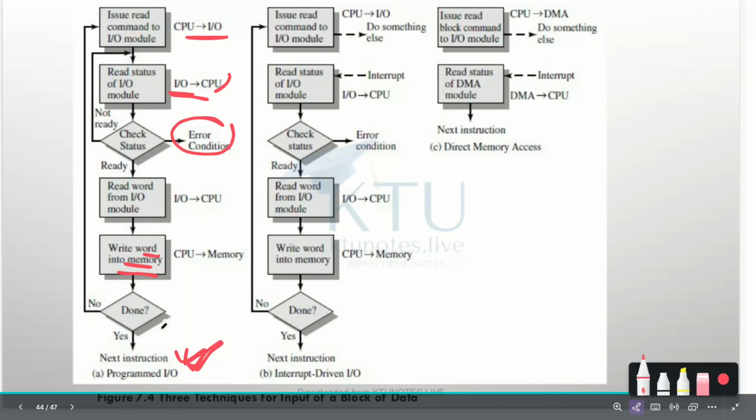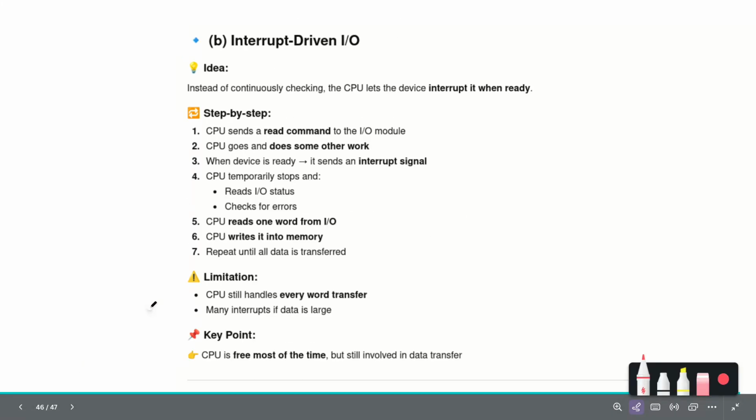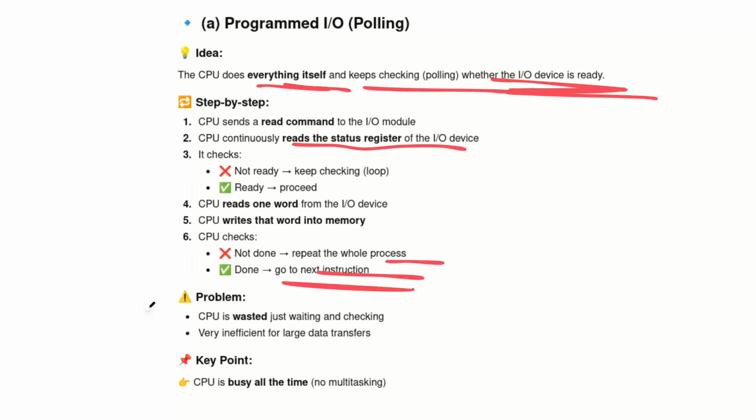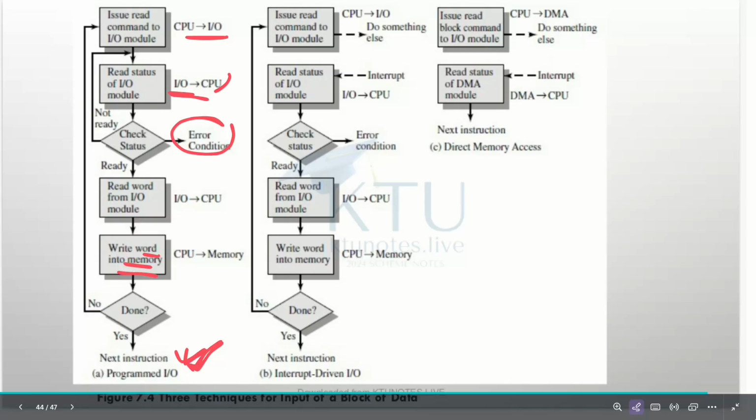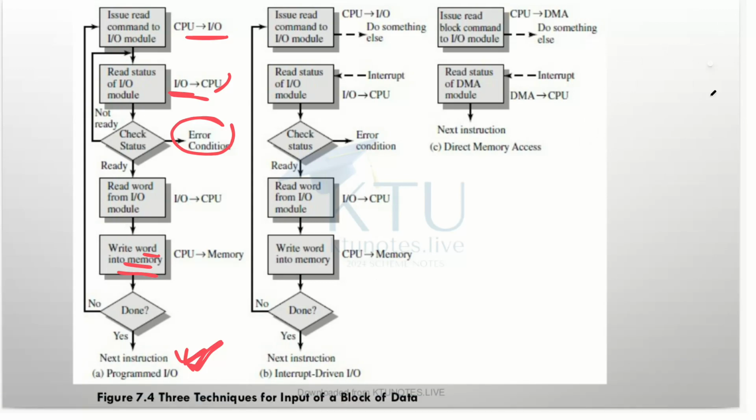So here, in programmed IO, first a read command is given by the CPU to the IO module. The status of the IO module is checked, whether it is ready or not to read the data from the external device.